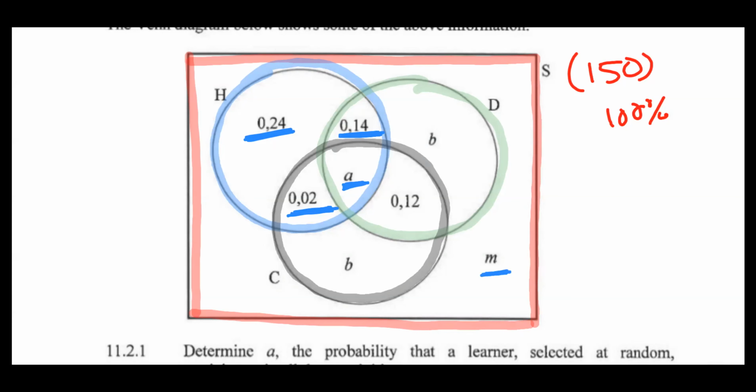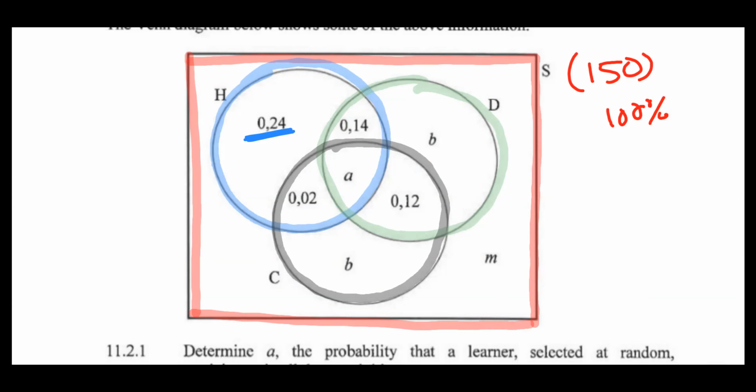And here's M outside, another unknown variable. They do not play hockey, they don't play chess, and they don't do debating either. So out of this 150 people, M of them do not do any of these activities.